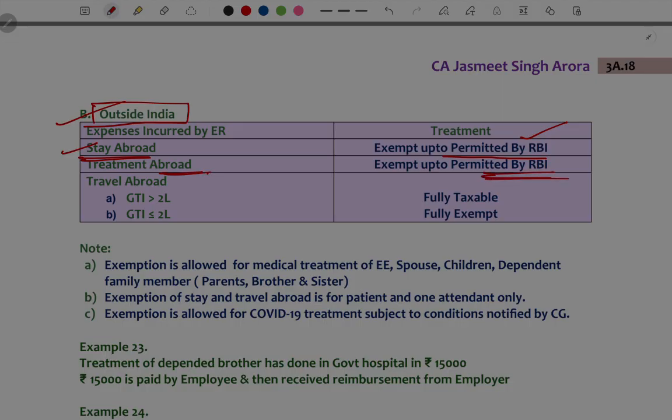If you are traveling abroad and the employee's gross total income on all heads, not just salary, exceeds 2 lakh, then it is fully taxable.